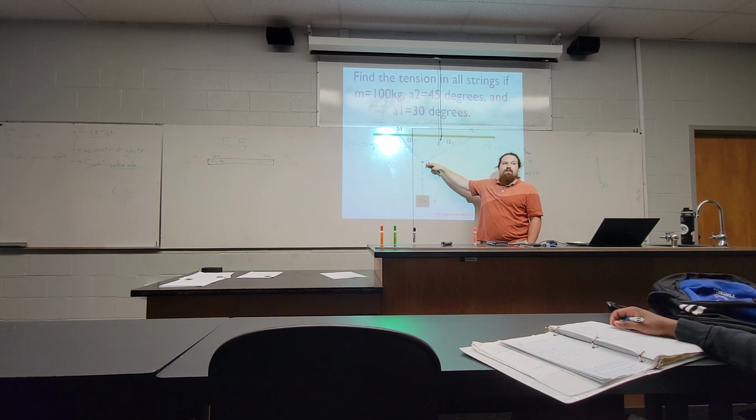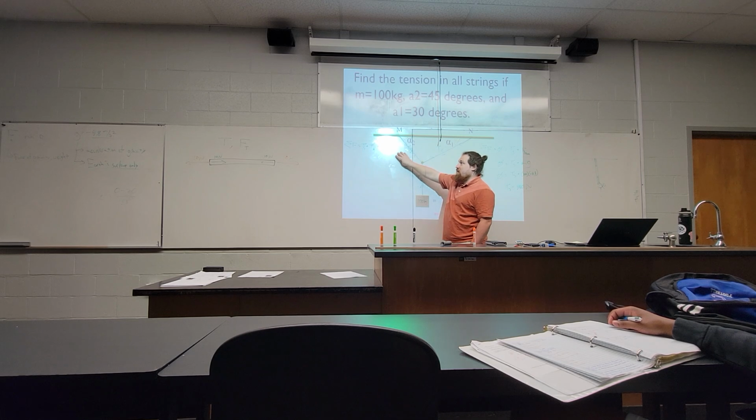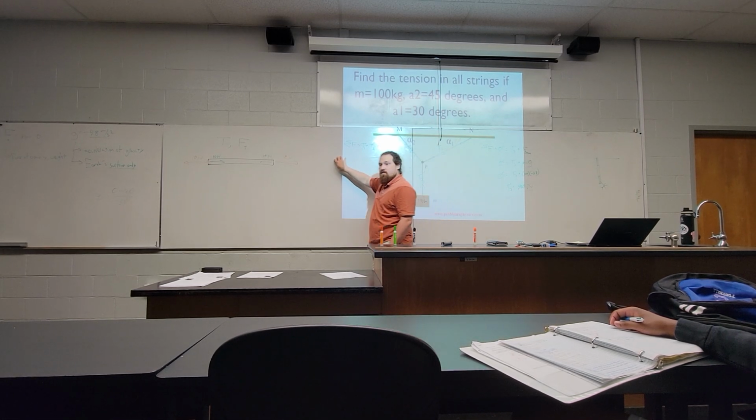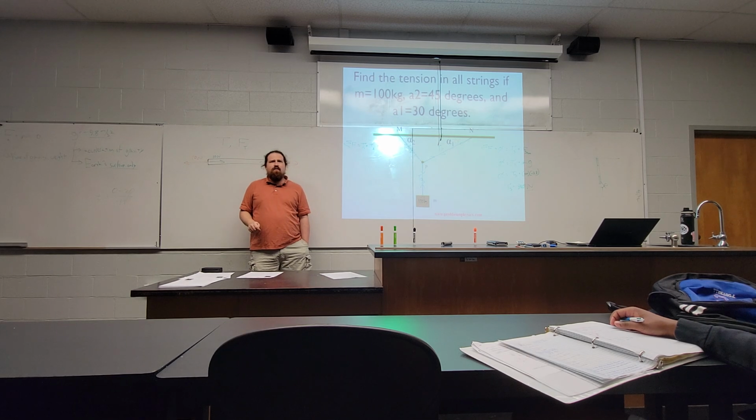It's the same number on both ends, just different directions. And that is going to help us figure out what's going on at this knot instead. Does that answer the question? Any other questions before we continue on? Okay.